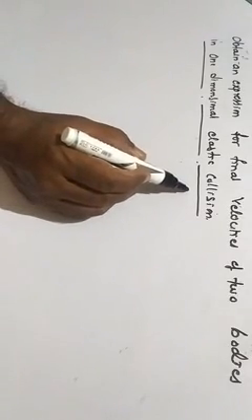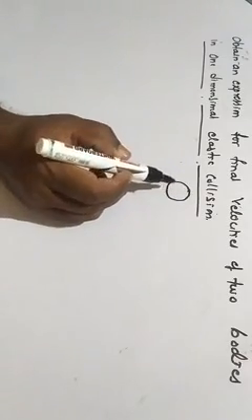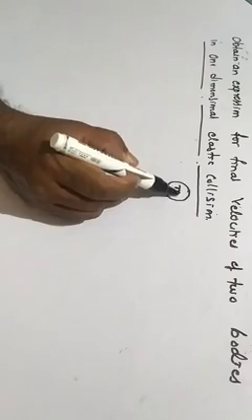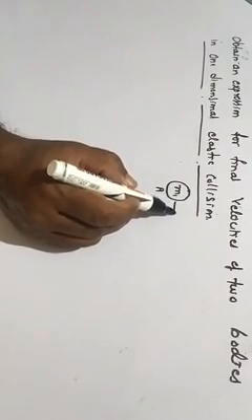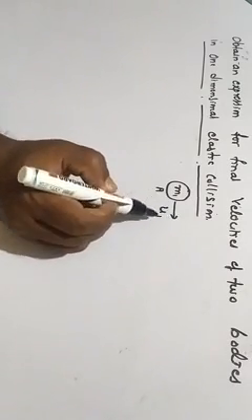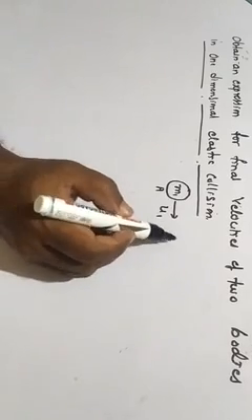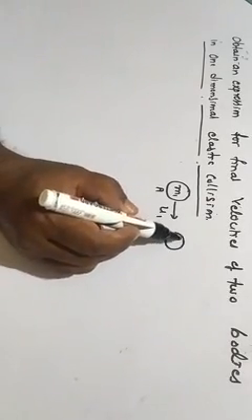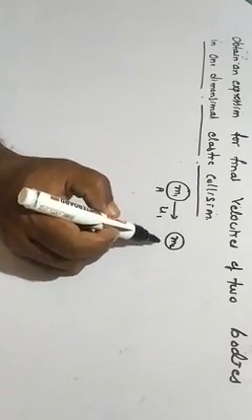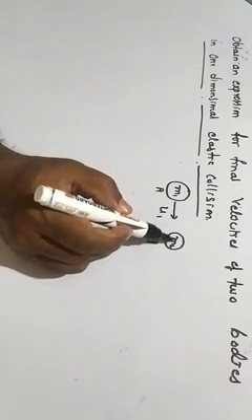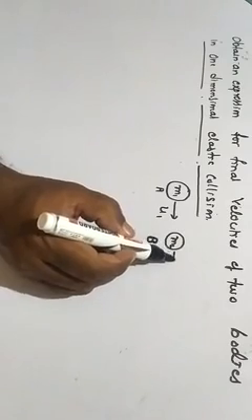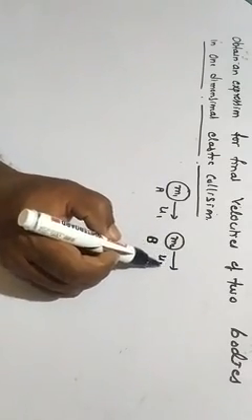For this derivation, we have to take two important diagrams. This is the simple diagram. This is a body A of mass m1, moving in this direction with initial velocity u1. This is another body B, having mass m2 and initial velocity u2.